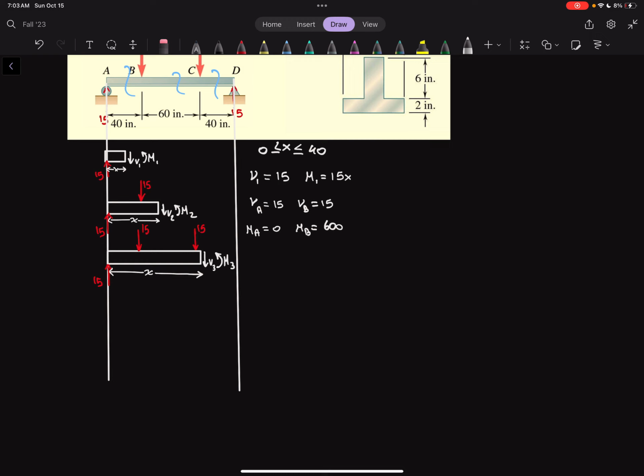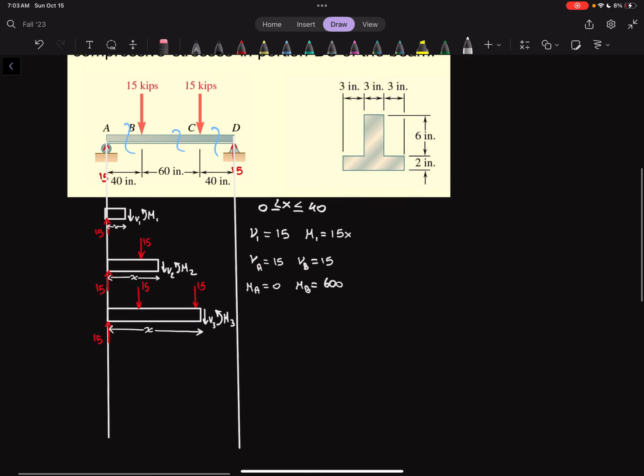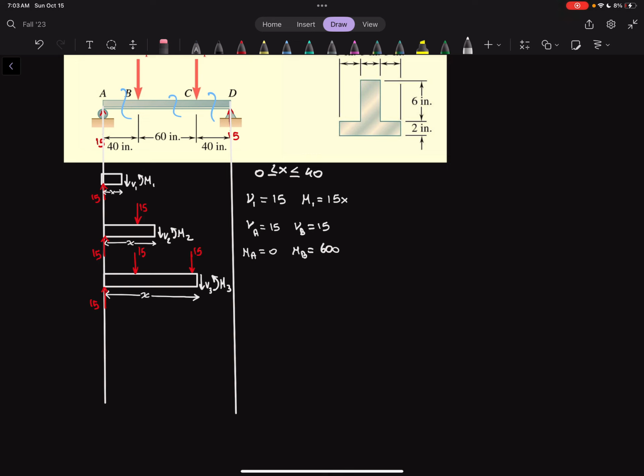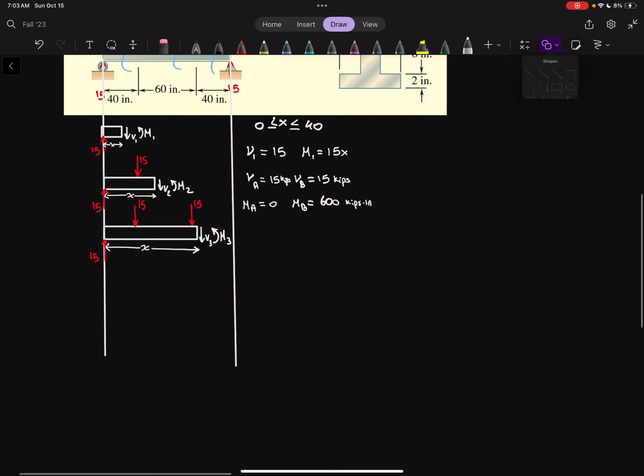All right, 600 kip-inches. Kips, inches, and these are kips. So this is going to be useful for us to plot it in a second.